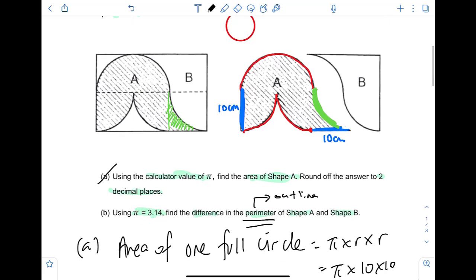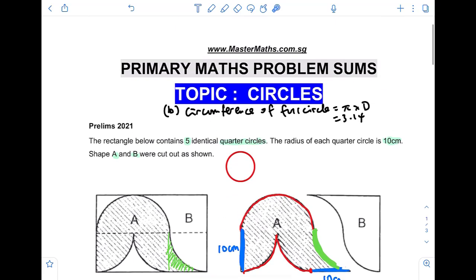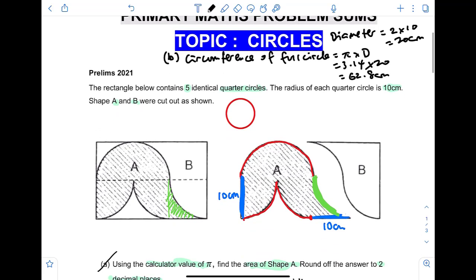Please use pi as they have said here, which is 3.14, multiplied by diameter. What's the diameter? It's just twice the radius, so 2 times 10, 20 cm. So 3.14 times 20 is 62.8. That will be the red sections for part A.